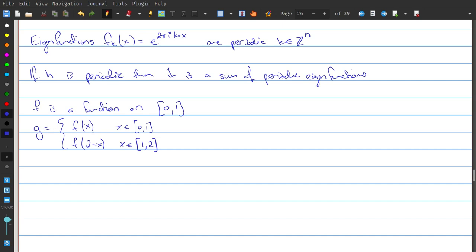So g is now a function defined on [0, 2].